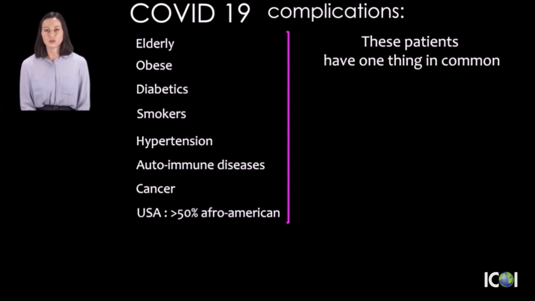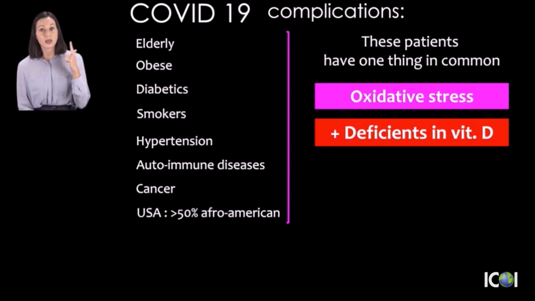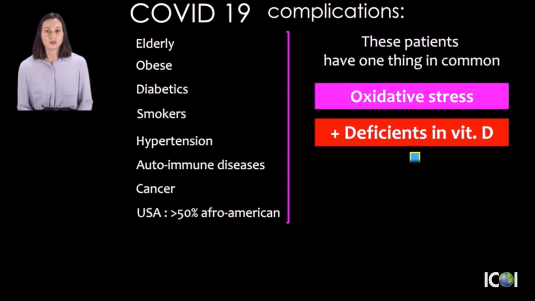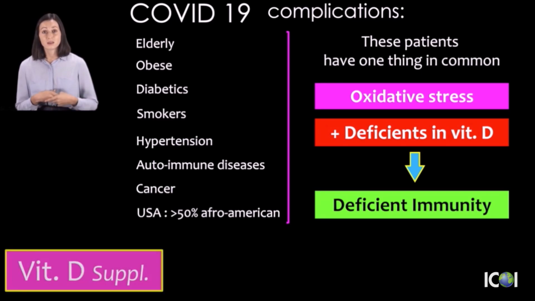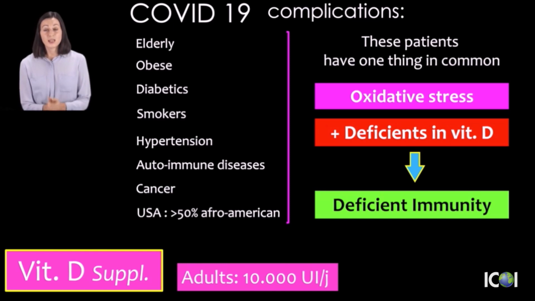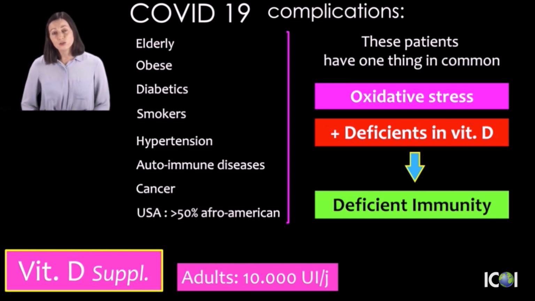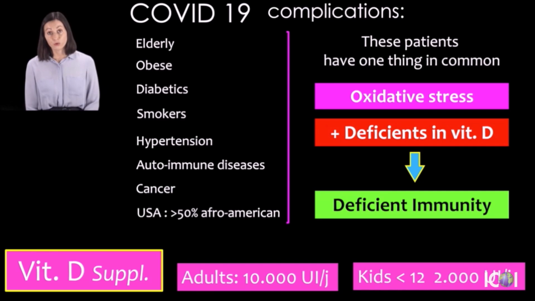And all these patients have one thing in common: oxidative stress and deficiency in vitamin D, meaning they have a deficient immunity and cannot fight against COVID-19 and have more complications. If we want to prevent this complication, not only for our patient, but for everyone, we have to supplement every person in vitamin D. 10,000 units per day for adults and 2,000 for the kids.